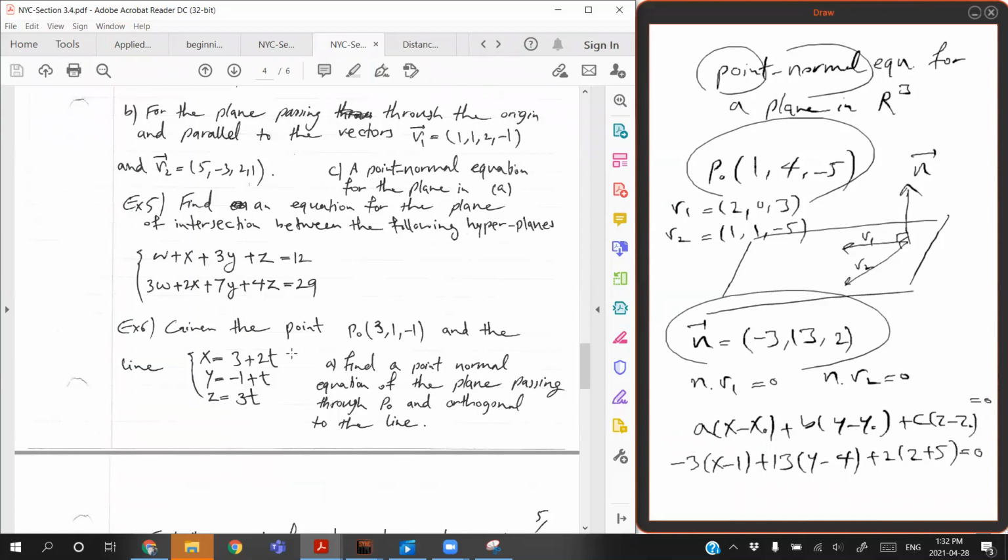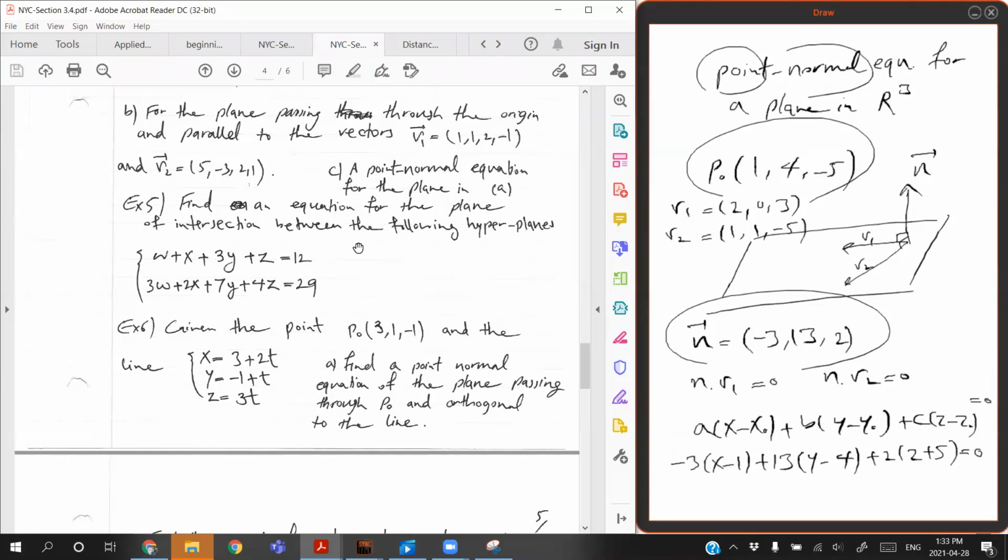Okay, so example 5, it says find an equation for the plane of intersection between the following hyperplanes. So what is a hyperplane? A hyperplane is a geometric object of a dimension that is one less than the dimension of the ambient space.